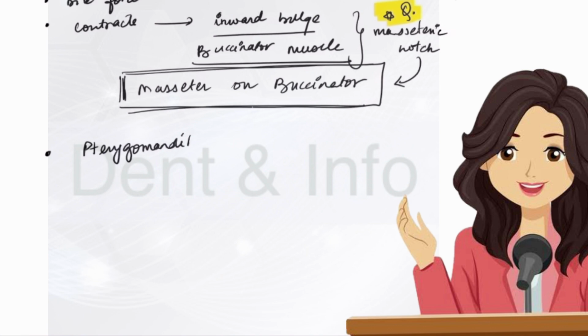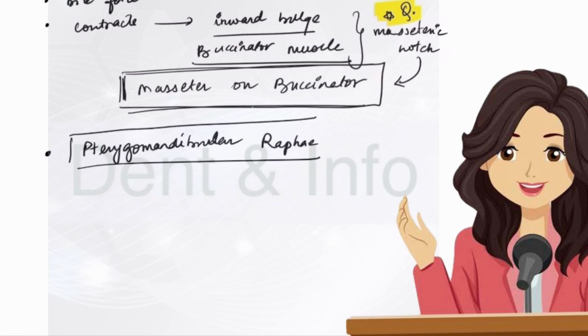pterygomandibular raphe. Now, initially I told you, we'll take a focused approach to preparation. Ideally, if I sit down, I could teach you anatomy and landmarks for hours together. But then I don't want to bore you with excessive information which is actually not relevant for your exams. So we are focusing on those areas, masseter, buccal shelf area, pterygomandibular raphe, which have repeated questions coming in.